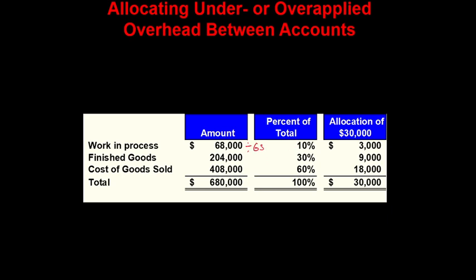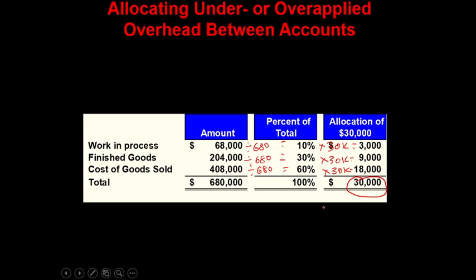Divide this by 680. Divide this by 680. And you get the following. This is now the percentage that you will use to allocate what? 30,000. So you multiply, no? 10% times 30,000. 30% times 30,000 times 30,000. And you get the following.